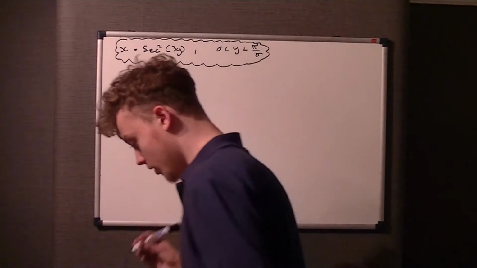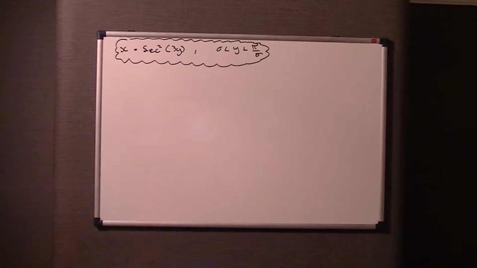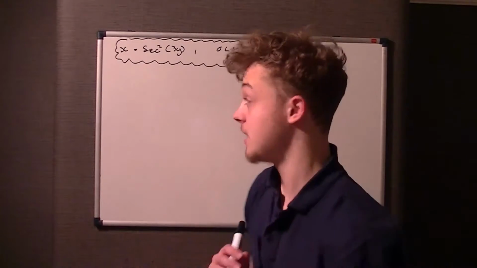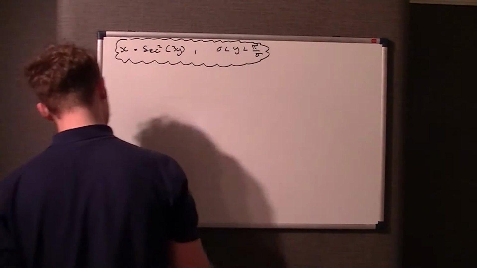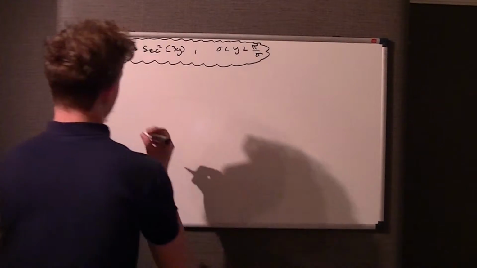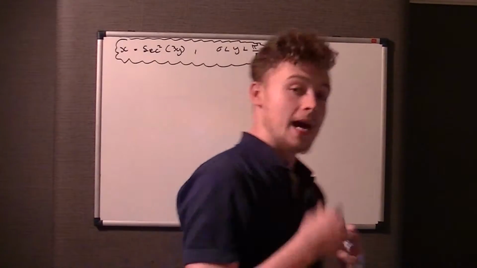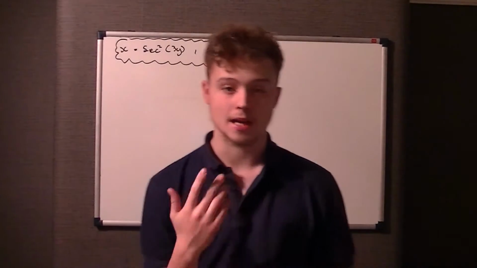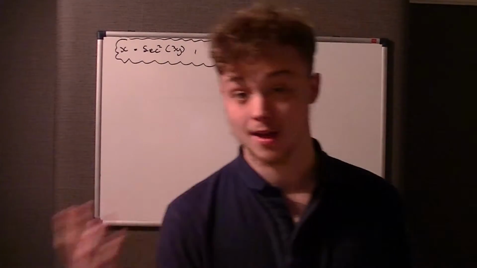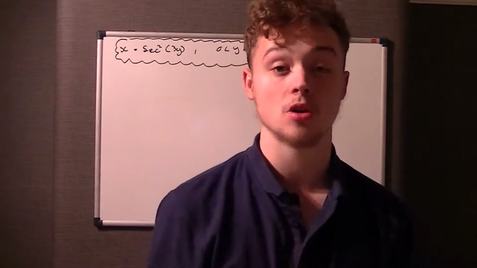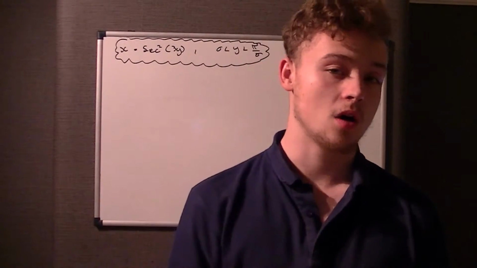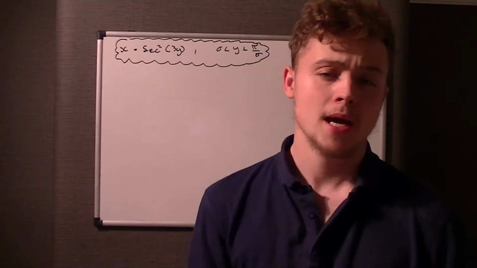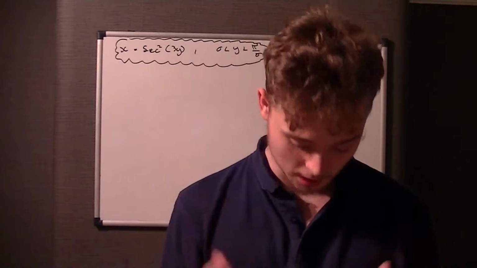All we're asked to do is find the gradient equation, which doesn't sound too difficult, and truth be told, it isn't that difficult. However, there's one thing that you need to consider. Because this is sec squared 3y, and sec is 1 over cos, sec squared 3y is 1 over cos squared 3y.